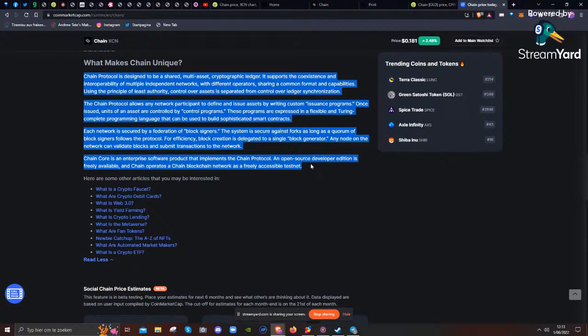Was the coexistence and interoperability of multiple independent networks with different operators sharing common format and capabilities. To define and issue assets by writing custom issuance programs, one issued units of assets. Block signers. So basically, what is written here are the basics towards a decentralized application building platform.